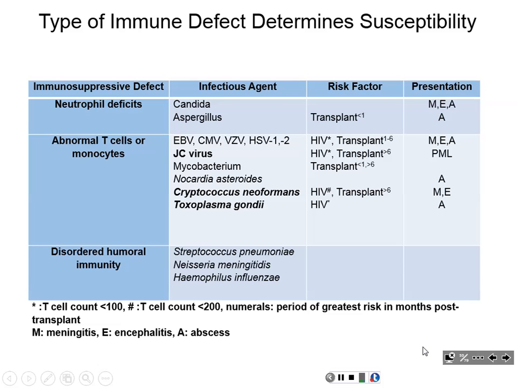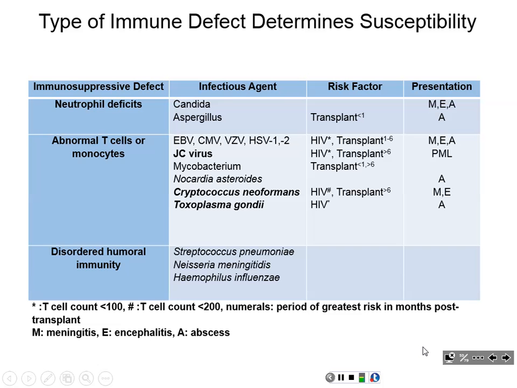So the type of immune defect that your patient has is going to determine their susceptibility. Patients that have neutrophil deficiencies are more likely to have infections with Candida and Aspergillus. Those with T-cell abnormalities are more likely to have JC virus, Nocardia, Cryptococcus, Toxoplasma, and disordered humoral immunity, strep, Neisseria, and Haemophilus.